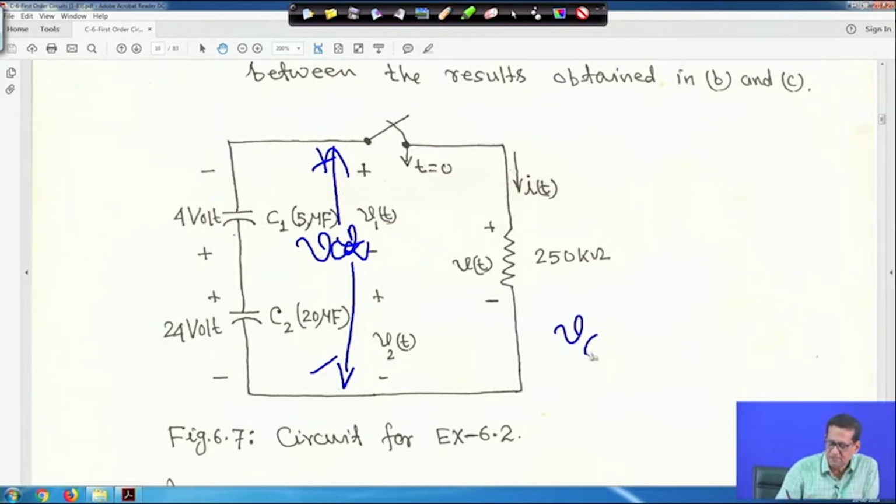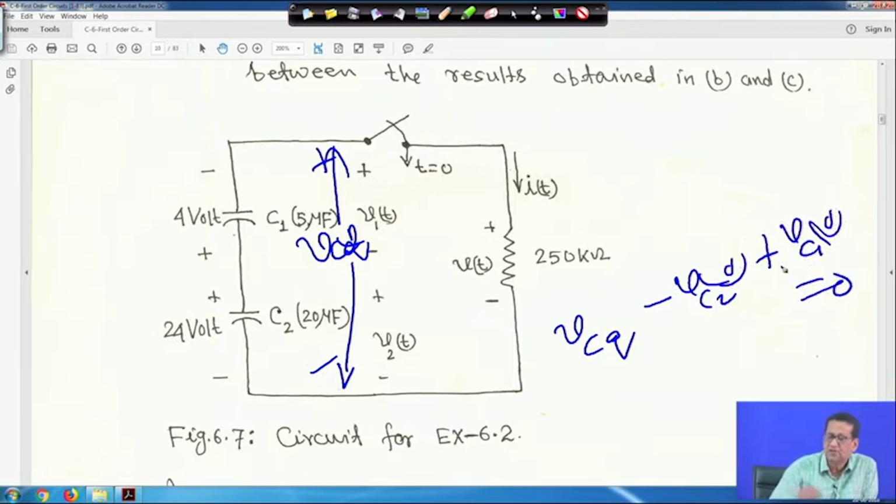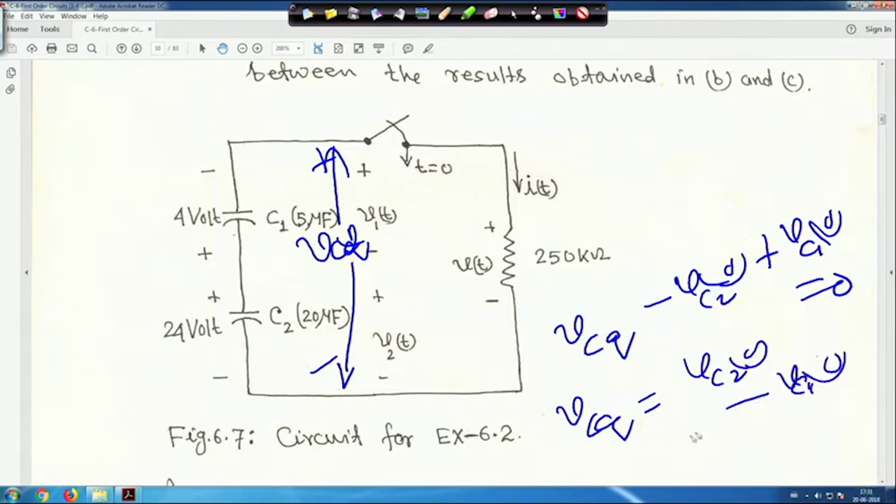So, it will be Vceq, then minus Vc2(0), then plus Vc1(0) is equal to 0. I am just looking at that polarity, that means Vceq is equal to Vc2(0) minus Vc1(0). Vc2 is given 24 volt and Vc1 is given 4. So, it is 20 volt, right.